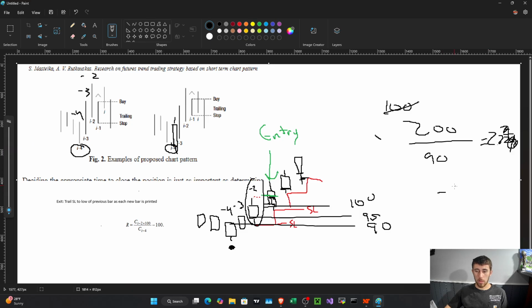So this ranking would be negative 97.7 repeating.